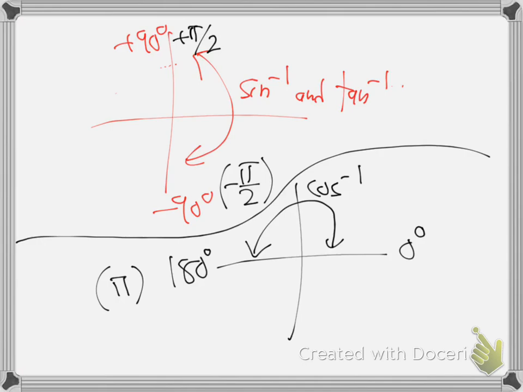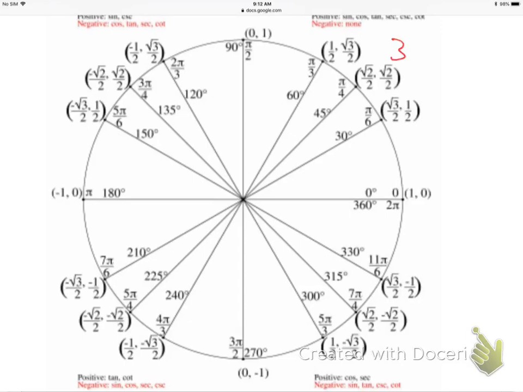All right, so let's keep going then. Okay, so I'm on number 3, which is cosine inverse of negative root 2 over 2. So question number 3 says, do the cosine inverse of negative root 2 over 2.